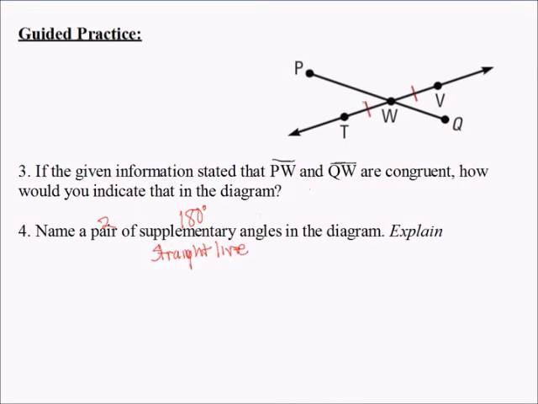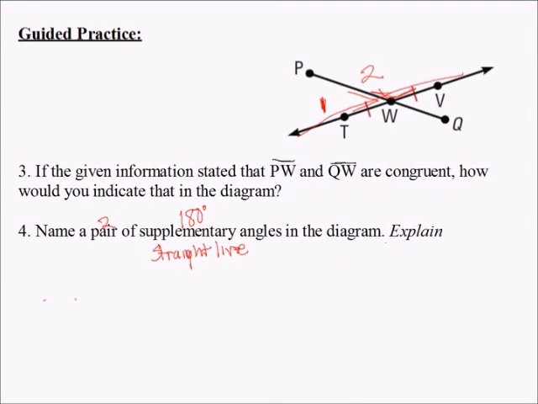So let's look. If I say TWP, okay, so here's TWP. Let's go with this angle. And then let's say PWV. Let's take this angle. Okay, here's 2 angles. So here's the first angle, here's the second angle, and they make a straight line.